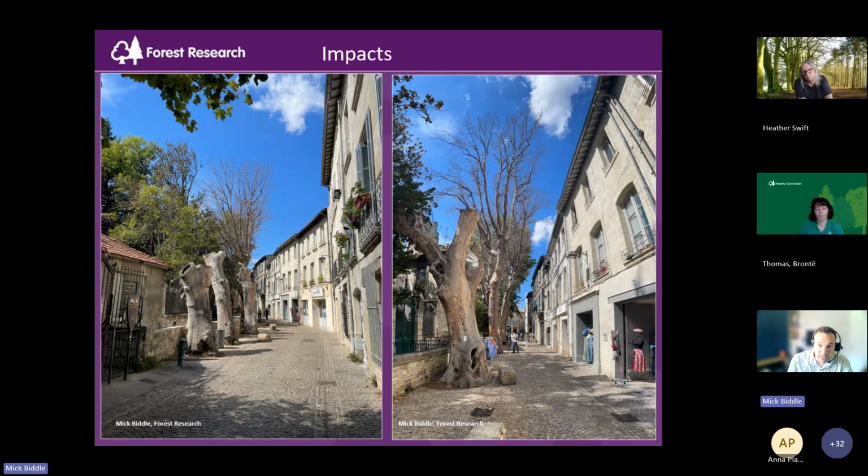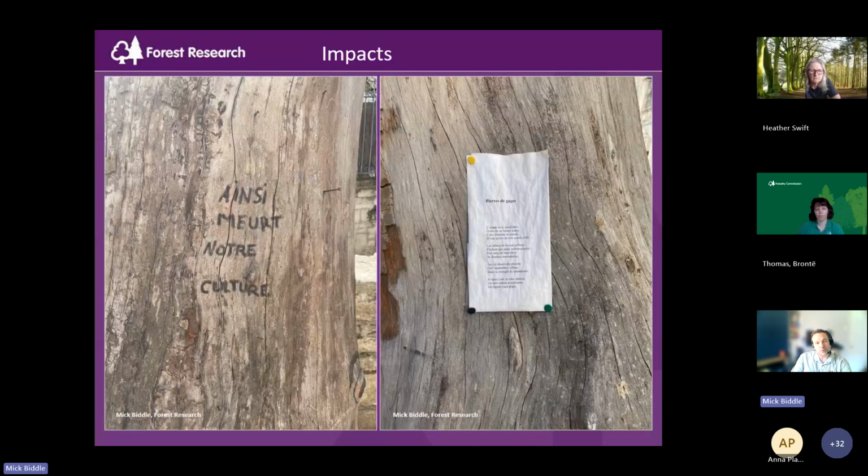And what was really interesting, as well as the obvious visual impacts and the difficulties associated with that, the social impacts of this disease were quite clear as well, because where these monoliths had been left while they were trying to deal with these trees and get them removed, someone had gone and written various bits of graffiti on each one of them.